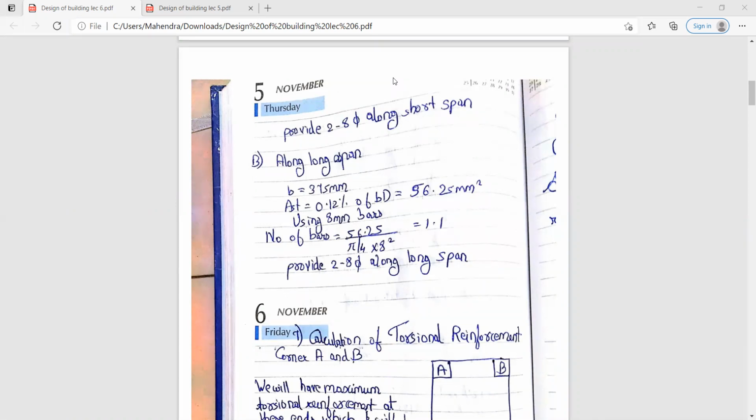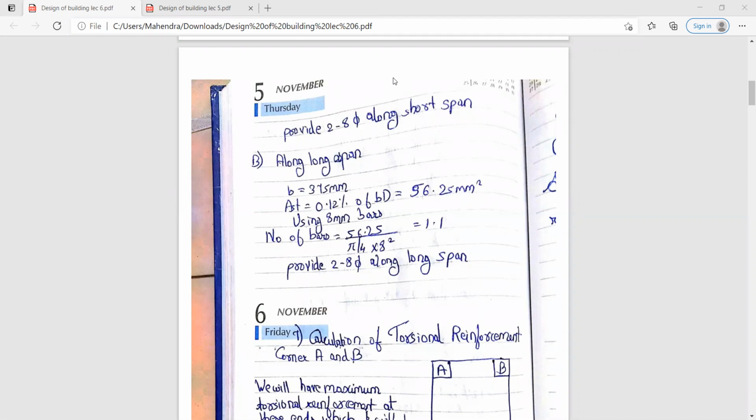The number of bars is AST minimum upon pi by 4 into 8 square. Here also you are getting 1.1, so approximately 2. So again you need to provide 2 bars of 8 mm diameter along the long span.